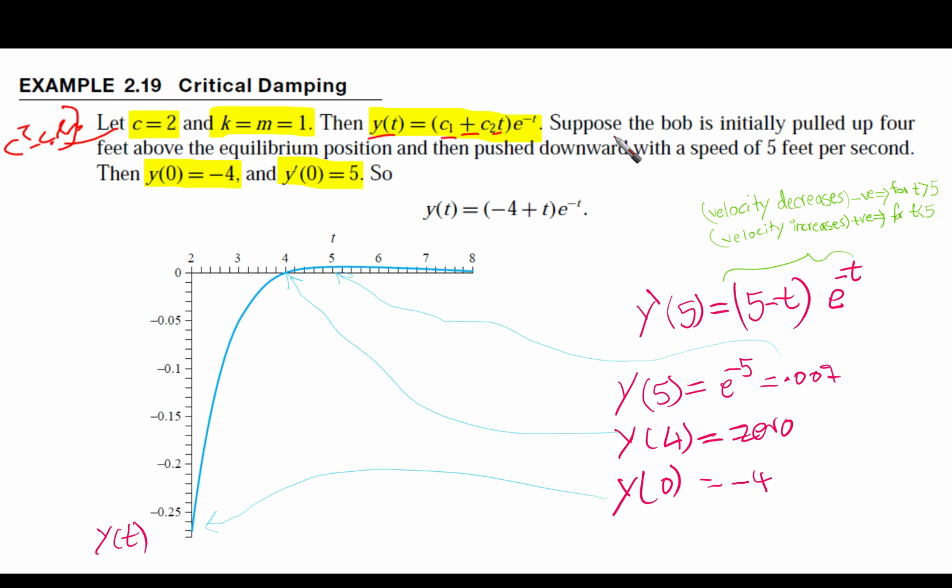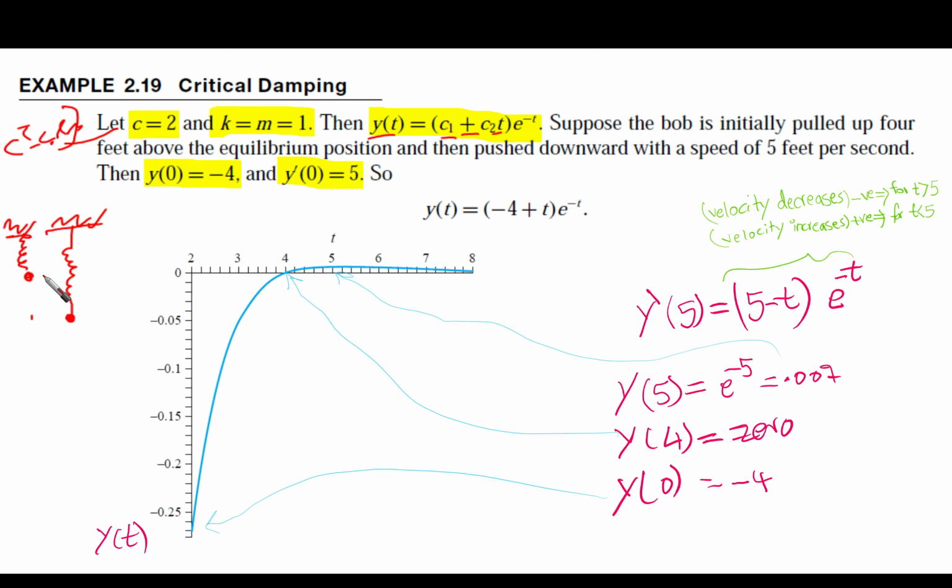Suppose the bulb is initially pulled up 4 feet above the equilibrium position. As we have done before, this is the bulb here, and we moved it up, something like this.